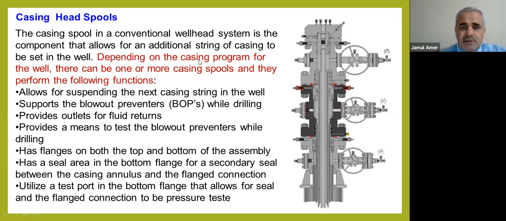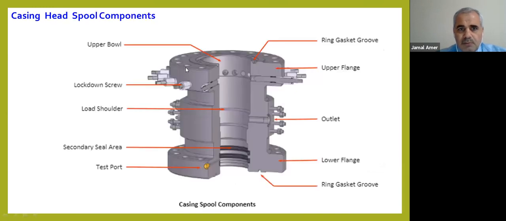It depends on the casing program for the well. There can be one or more casing spools, and they perform the following function: allow suspension of the next casing string, so they accommodate the next strings of casing. This is the main function of the casing head spool.